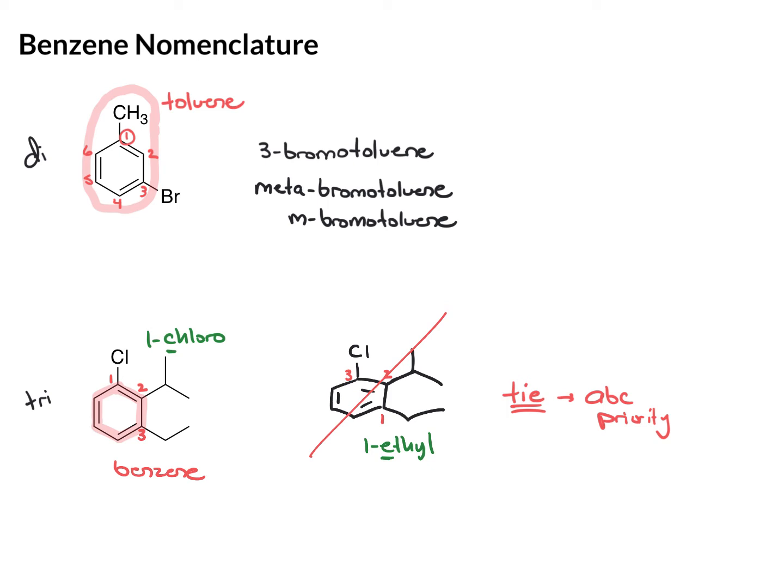We have at carbon 2 an isopropyl, and at carbon 3, an ethyl. To assemble the name, alphabetize your substituents and follow that with the parent. 1-chloro comes first. Next, the E in ethyl. Next, the I in isopropyl. And finally, the parent is benzene.